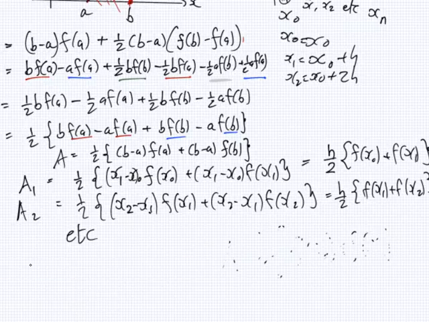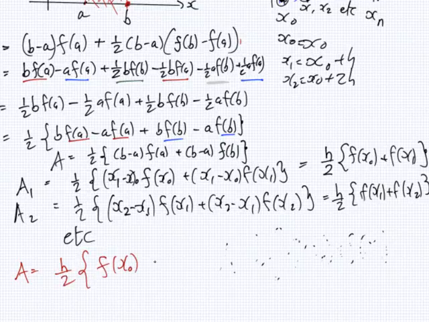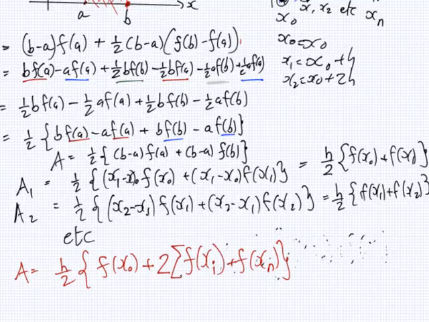So when I add them all up, I'll get area equals h over 2. I'll have an f(x0) at the start, plus an f(xn) at the end, and in the middle I'll have twice f(xi), where by other I mean not 0, not n, all the other pieces. I have twice them when I add them up.